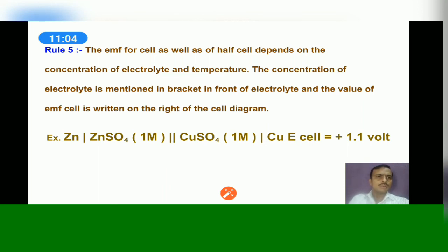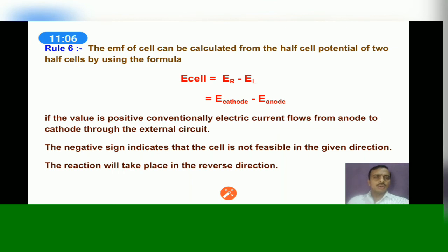Rule number six: after completion of the cell diagram, we can calculate the EMF of the cell using the formula E cell equals E right minus E left, or E cathode minus E anode.